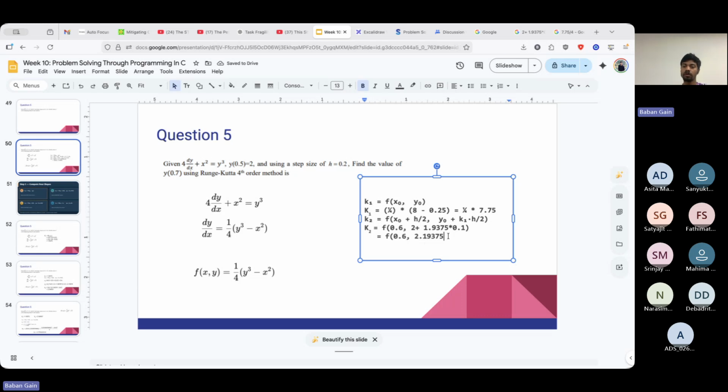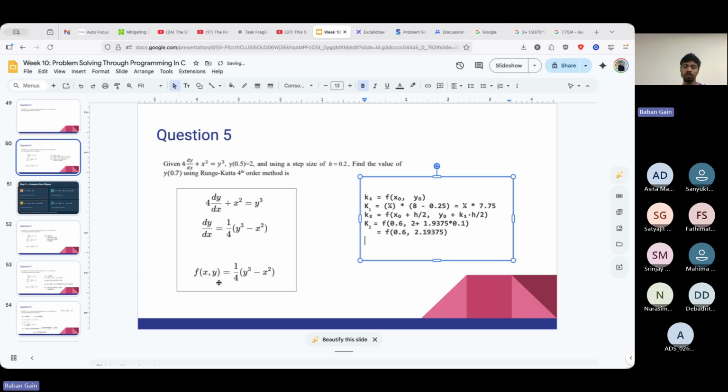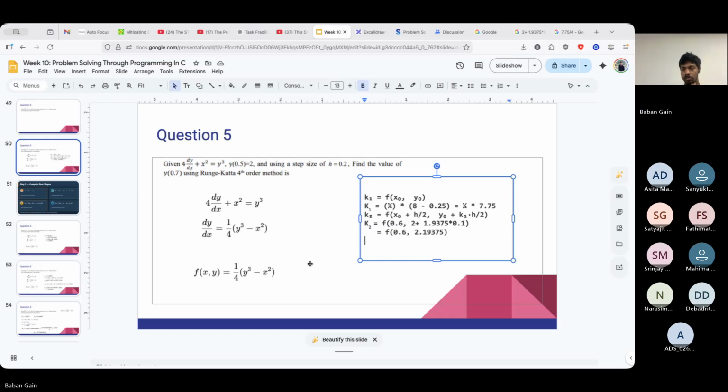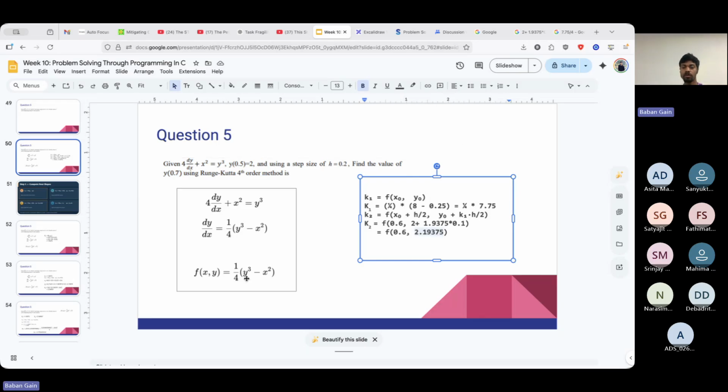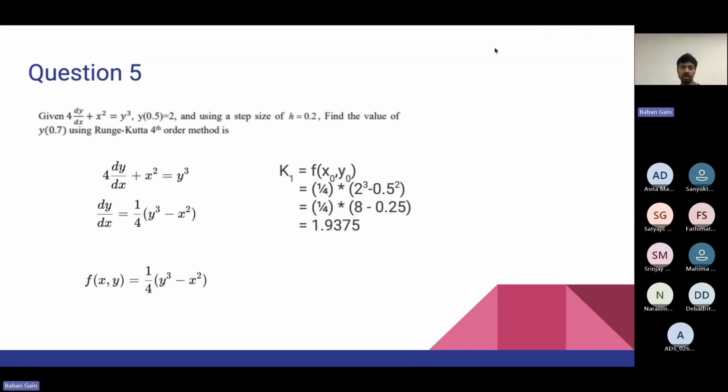So if you apply this function again, y cube minus x square, what will be the value? This to the power 3, and this to the power 2. Sorry, this cube minus this square, divided by 4. I'll not go through all the steps because the calculation is complicated.